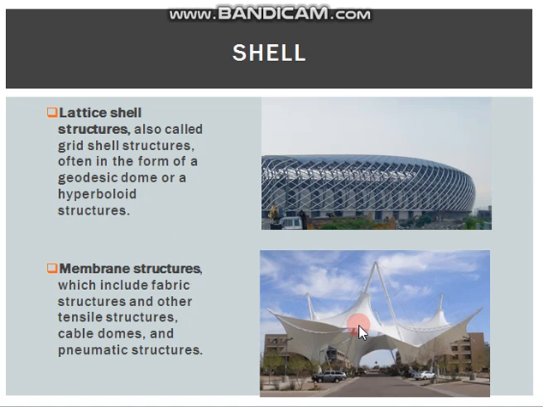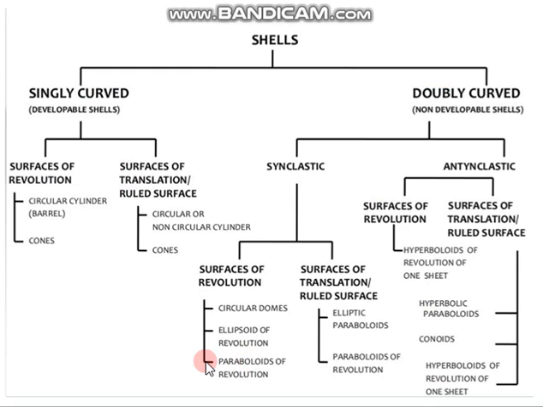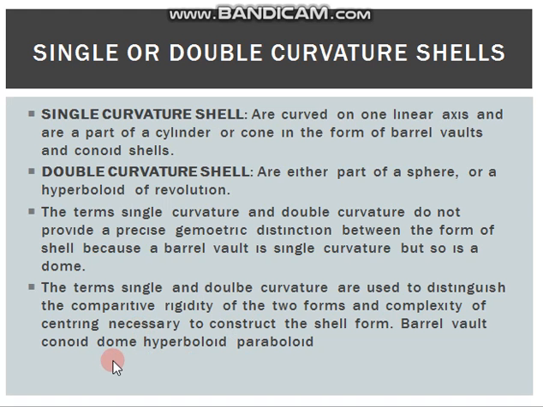Other types include lattice shell structures, membrane structures, and single curvature or double curvature shells. Single curvature shells are curved on one linear axis and are a part of a cylinder or cone, in the form of barrel vaults and conic shells.